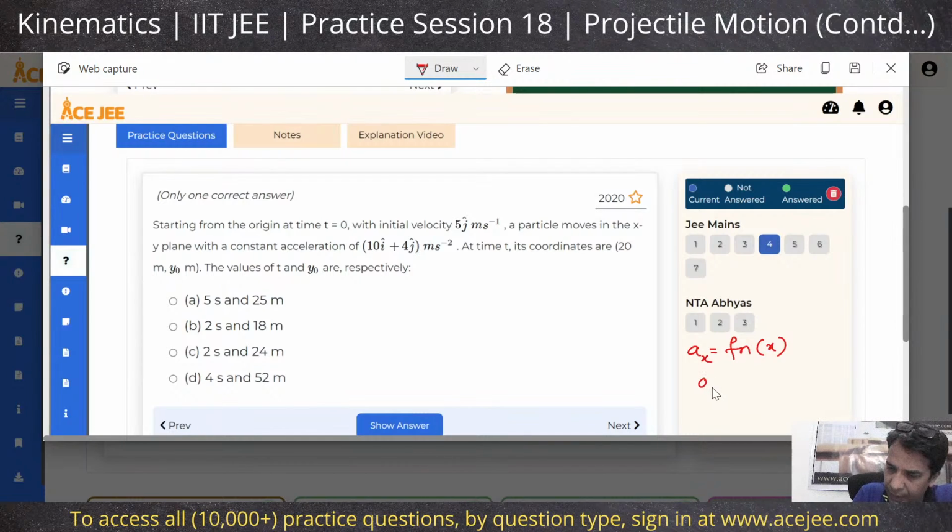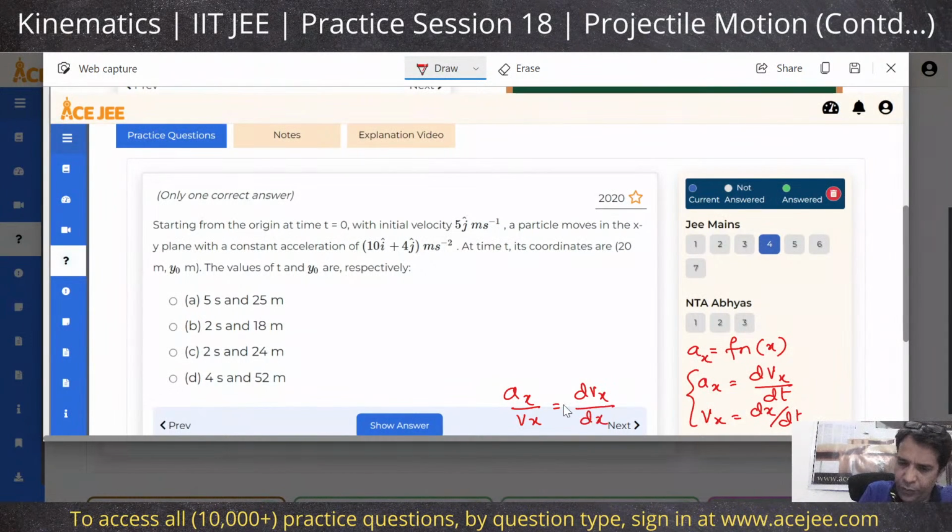Then ax is dvx by dt. And what is vx? dx by dt. If you divide the two, what do you get? ax by vx is equals to dvx by dx. So which means I can write ax dx is equals to vx dvx, and we can integrate.